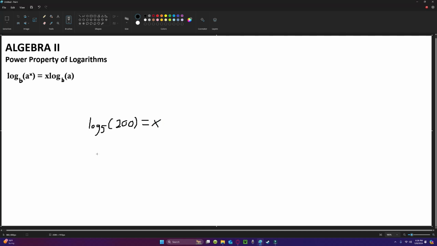So then we have 5 to the x equals 200. And then, like we did before, now we just do log 5, input 5 to the x equals log input 200.